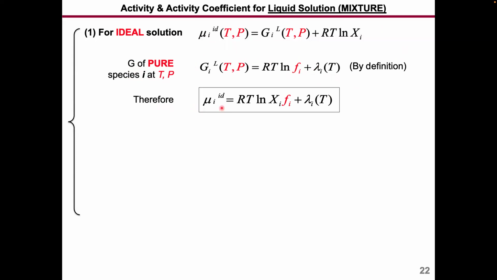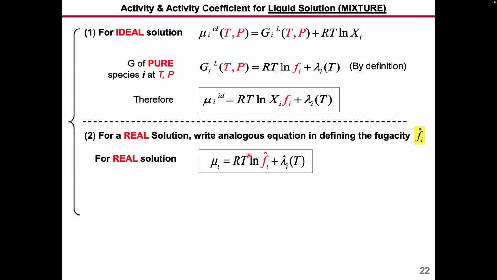And then basically we just plug this into this equation. So μi^ID is equal to RT natural log xi fi plus λi(T). Okay, so this is the chemical potential of species i in the ideal solution state, right?